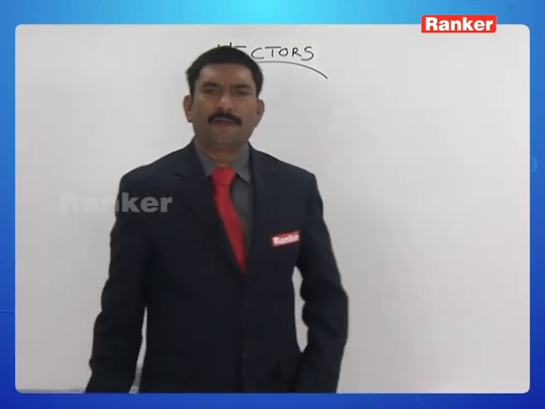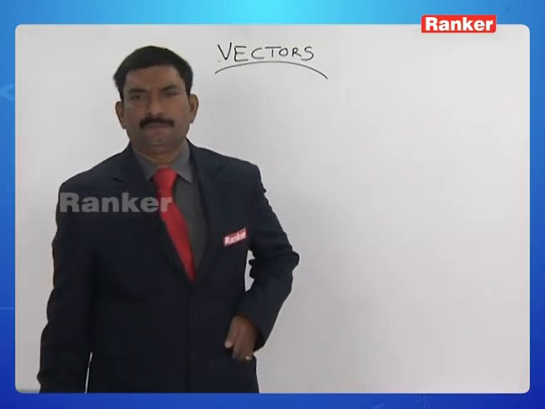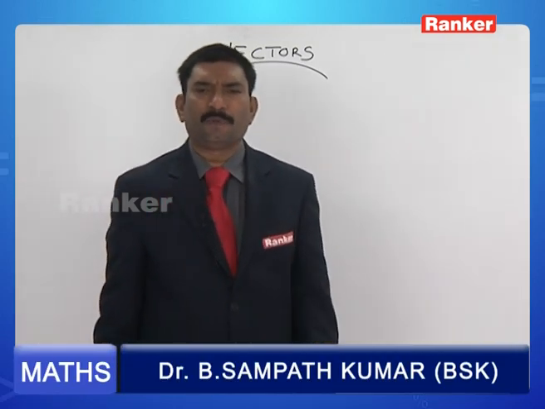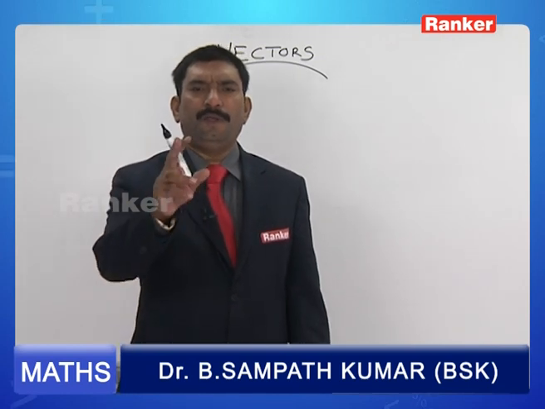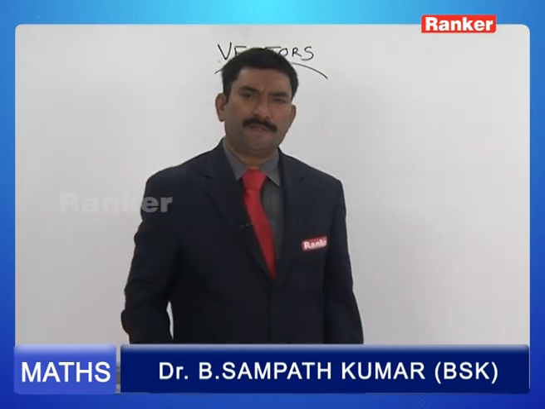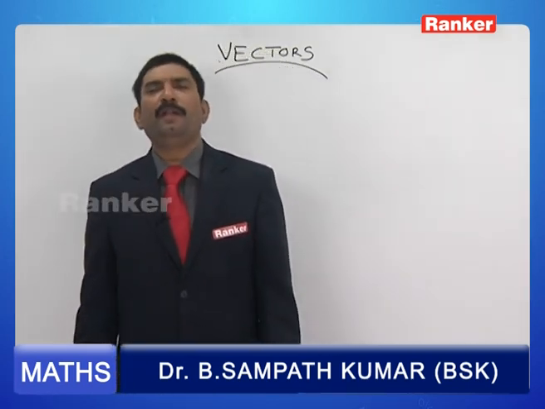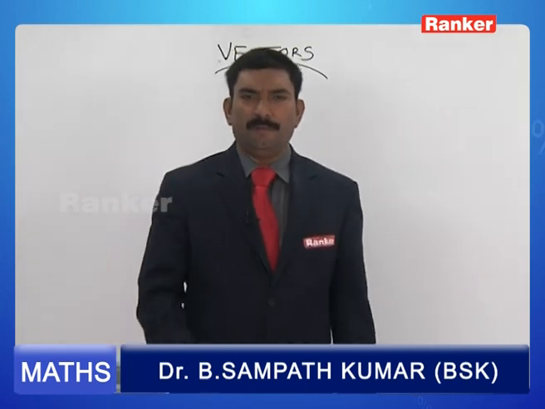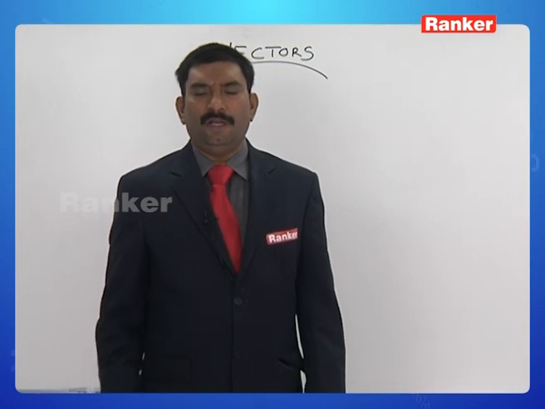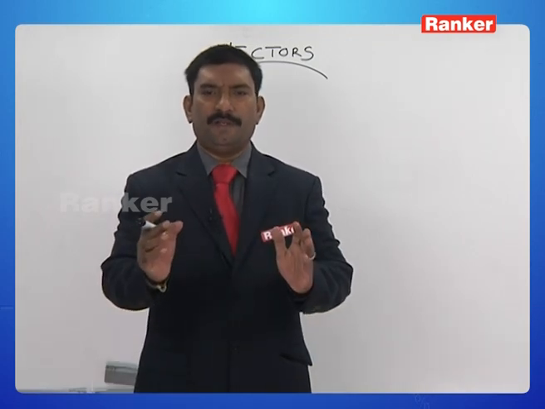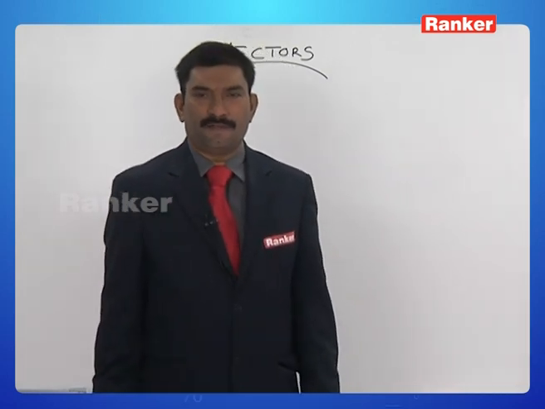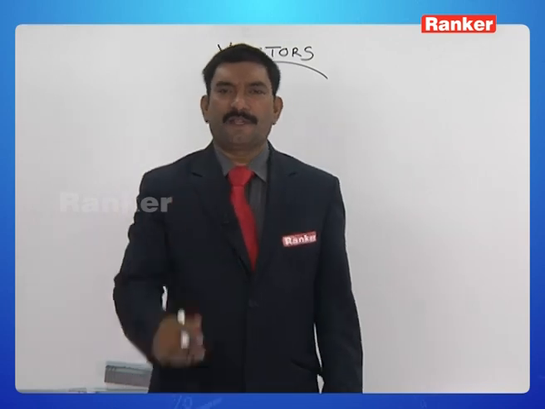Now I go for like vectors. Two vectors, A bar and B bar, are said to be like vectors provided they have the same direction. Any vectors having the same direction, we take as like vectors. Otherwise, they are unlike vectors.